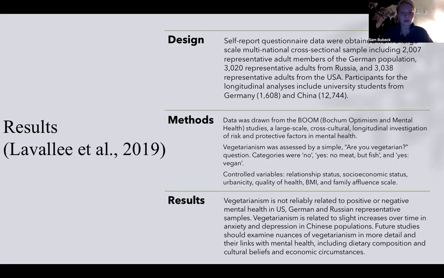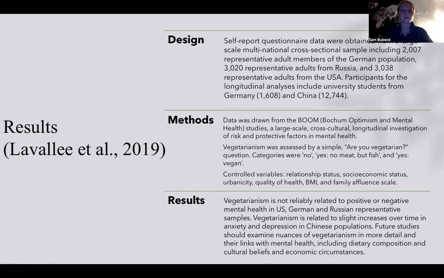Methods used in this research. Data was drawn from the BOOM, acronym for Bochum Optimism and Mental Health Studies, a large-scale cross-cultural longitudinal investigation of risk and protective factors in mental health. Vegetarianism was assessed by a simple "Are you vegetarian?" question.